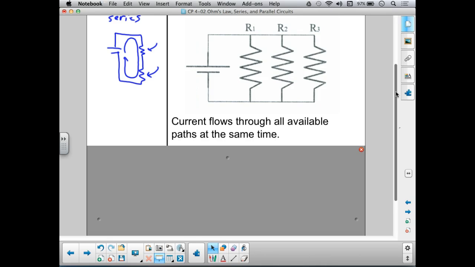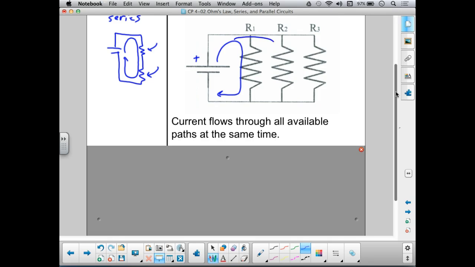A couple of things about parallel circuits. Current flows through all available paths at the same time. So it's not like it goes down one and then the other, then the other. All available paths from positive to negative are used. So current is going to flow through this loop over here from positive to negative.